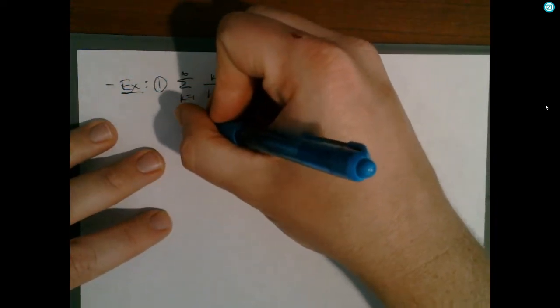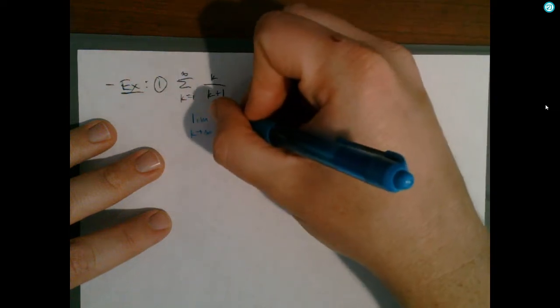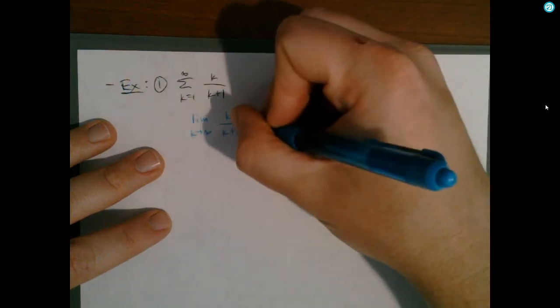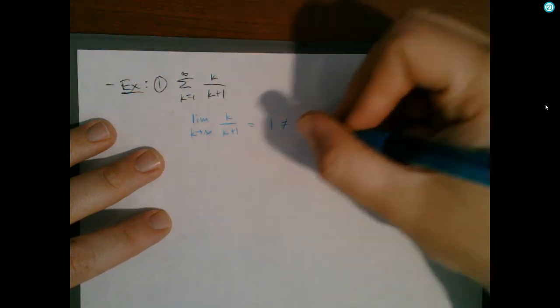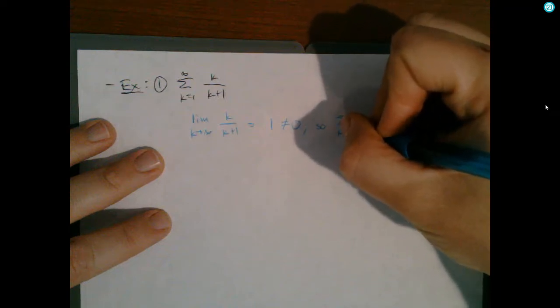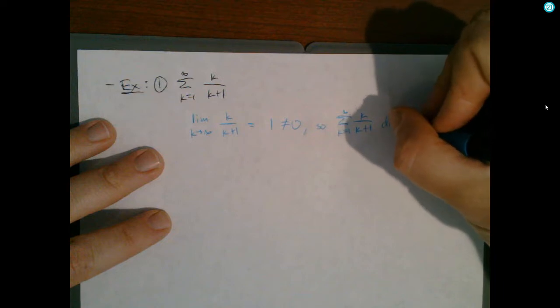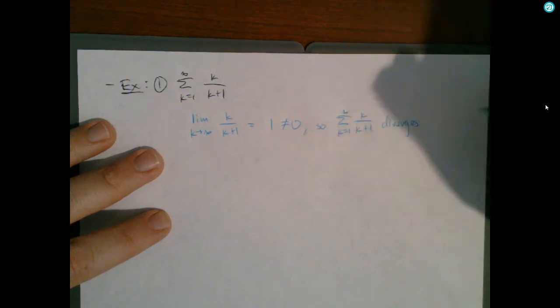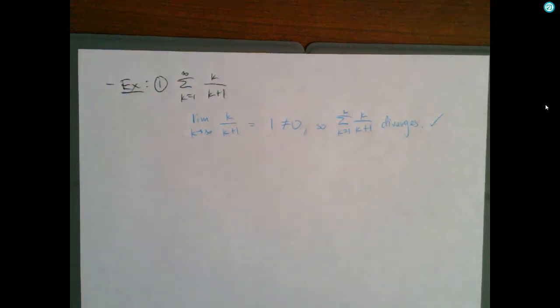So if we just take the limit as k goes to infinity of k over k plus 1, we get 1, right? And that's not equal to 0. So the series k over k plus 1 diverges. Right? It's that simple. Okay, so that's all there is to that. Right, so the divergence test is pretty easy.